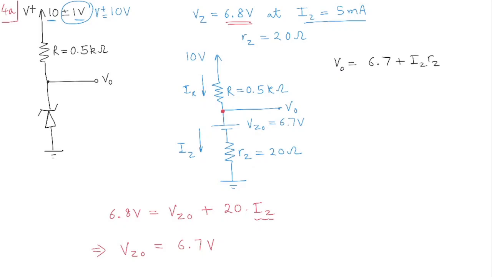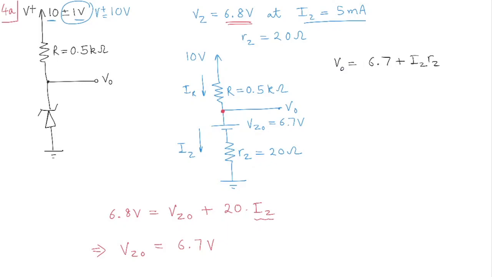Okay. And what is IZ going to be? If you look at this block here, you can see that this is 10 volts, and then you have another drop of 6.7 volts, and then you have two resistors.